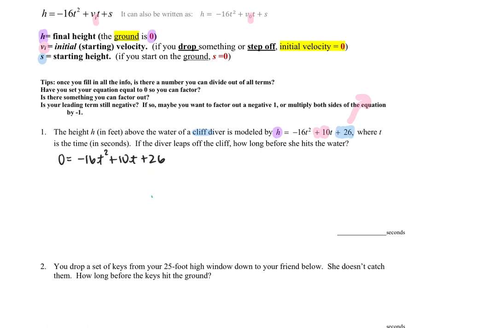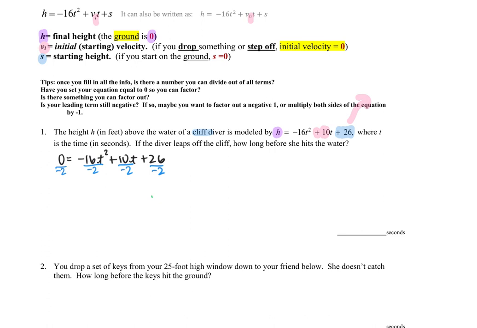I personally have a very hard time factoring when it is a negative t squared. And since every single one of these terms is even, I'm going to divide both sides of the equation by a negative 2 so I can get rid of that negative in front.